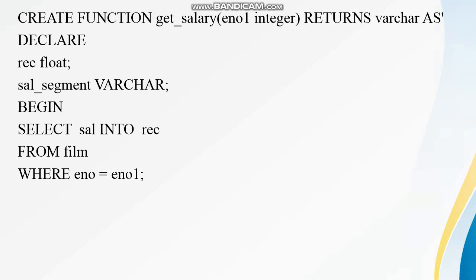Whatever value we get from the table's sal attribute, we are going to store it into this record variable rec, which is just declared by the user, from the table name where e number is equal to e number 1. This e number 1 is the variable which is just declared in the create function, since we are going to accept the value from the user when we call the function.